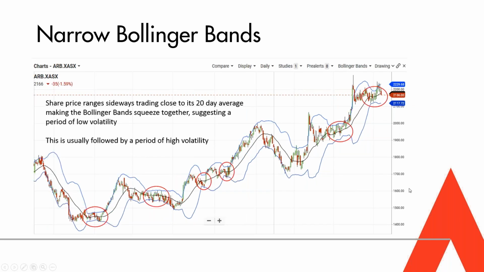Whereas if the Bollinger Bands narrow and squeeze together, which typically happens when share prices are ranging sideways close to the 20-day moving average, it suggests a period of low volatility. This is usually then followed by a period of high volatility.